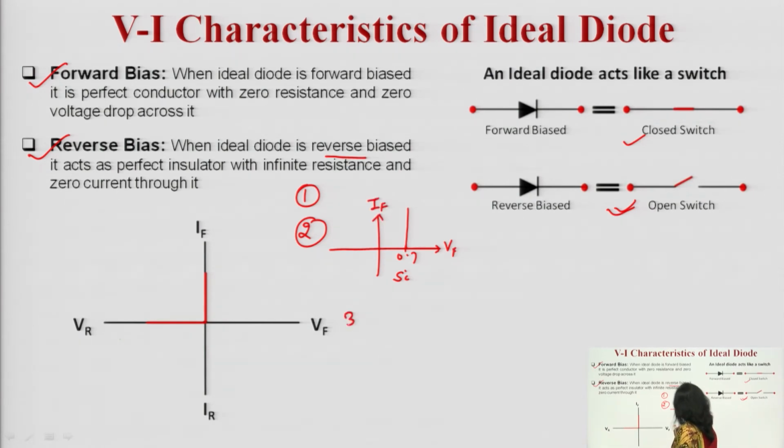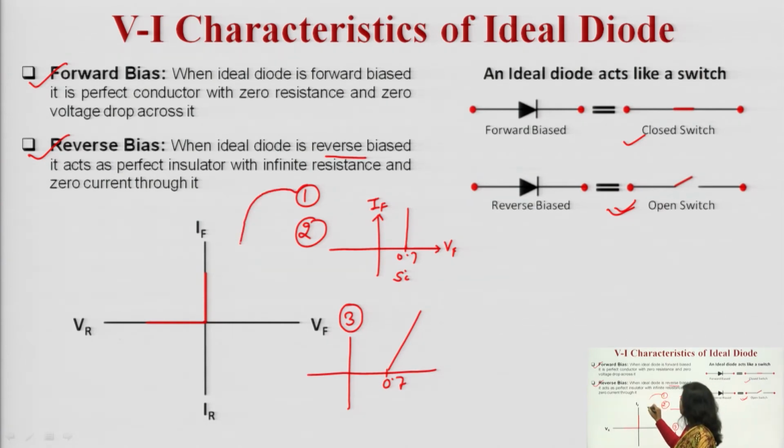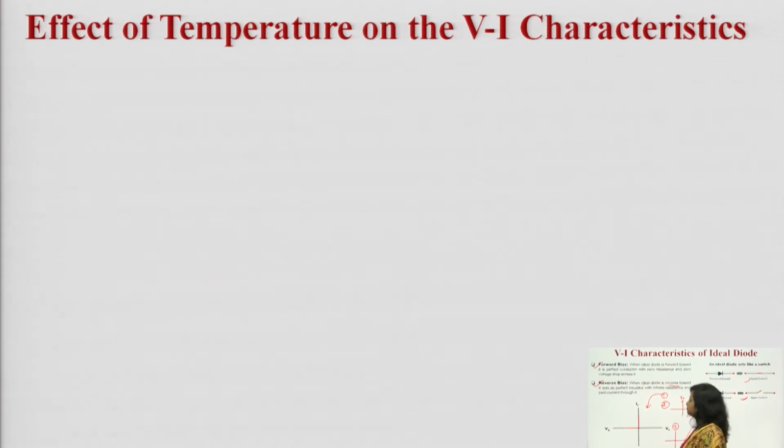While in the third case, there is a bulk resistance which is also taken into consideration. So, in that case, the knee voltage will be 0.7 for the silicon diode, but because of non-linear behavior, it will represent the curve in this particular manner. So, this is how you can plot the characteristic curve for the diode, depending upon the first approximation, second approximation and third approximation.